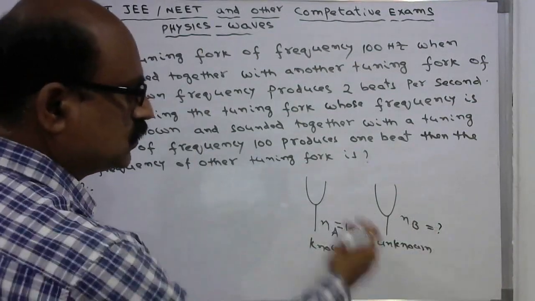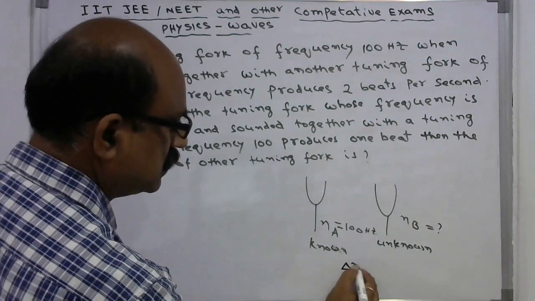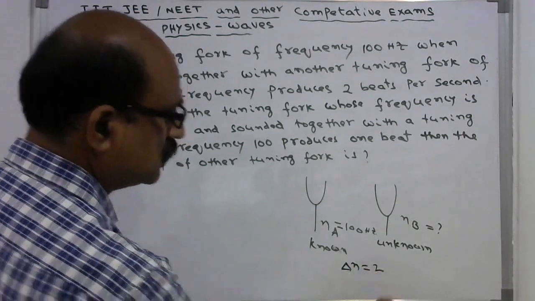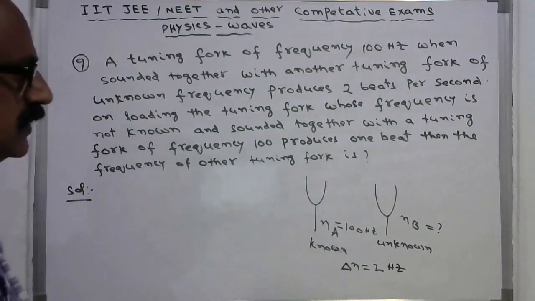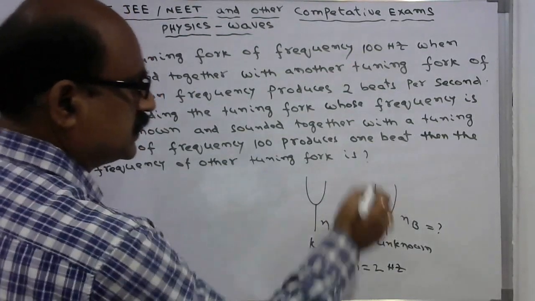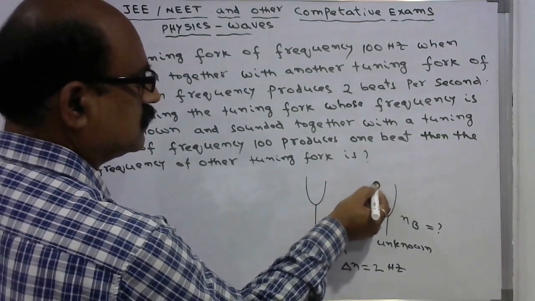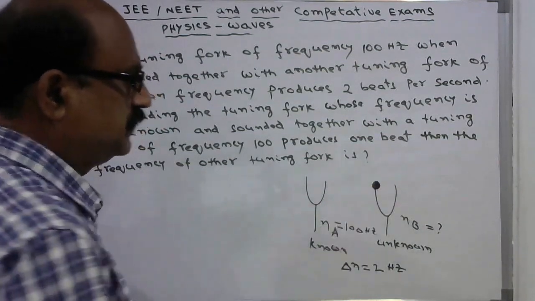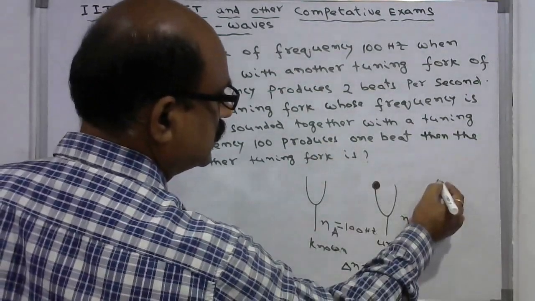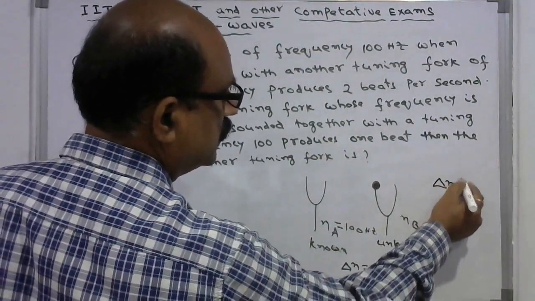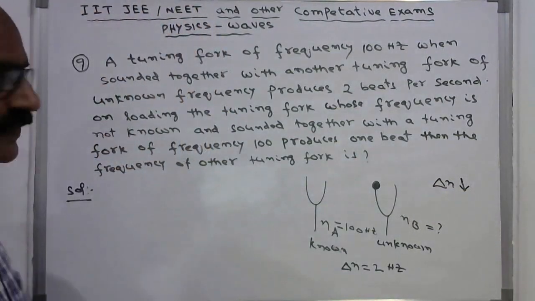But when these two are sounded together, you will be getting a beat frequency of 2 Hz, and the second situation is this is waxed. When it is waxed, its beat frequency is decreased. Beat frequency decreased on waxing.